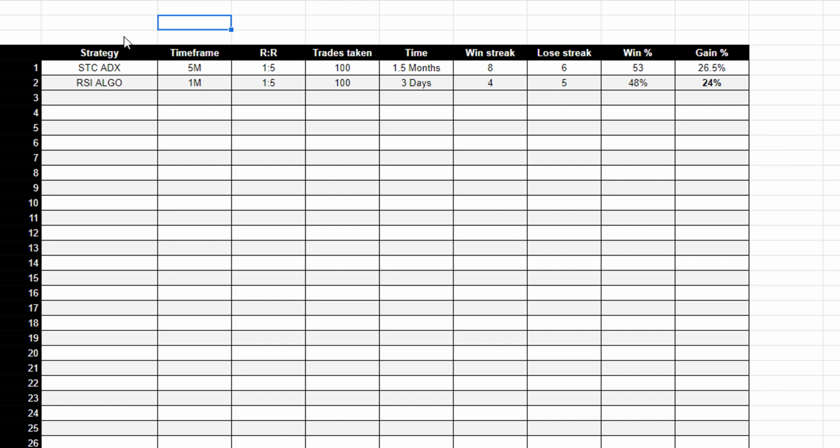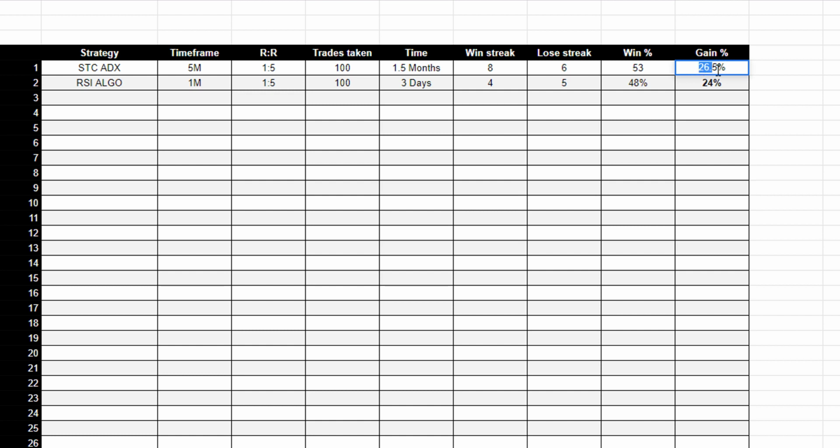So after 100 trades, these are the results. Only 5-minute time frame with a risk reward of 1.5. We had a win percentage of 53%. And because we had a risk reward of 1.5, we would have gained 26.5 on our account. In my opinion, that's not bad at all after 1.5 months.